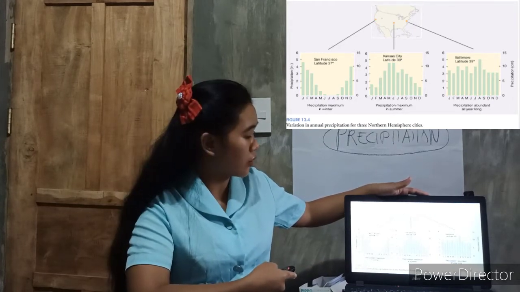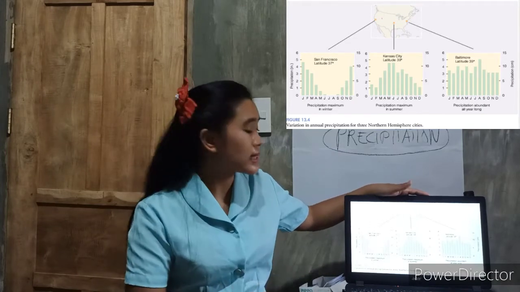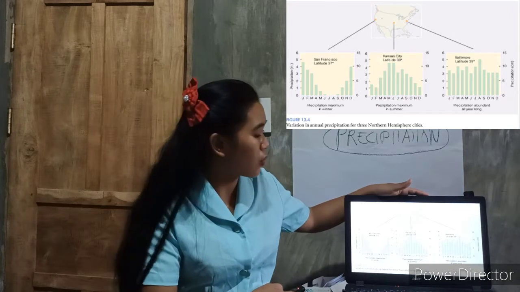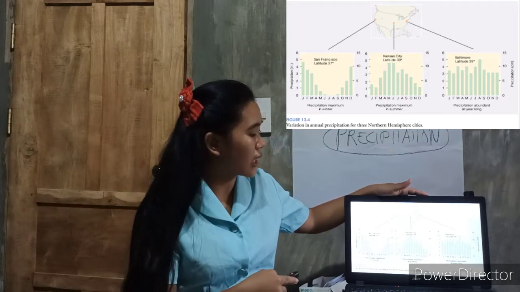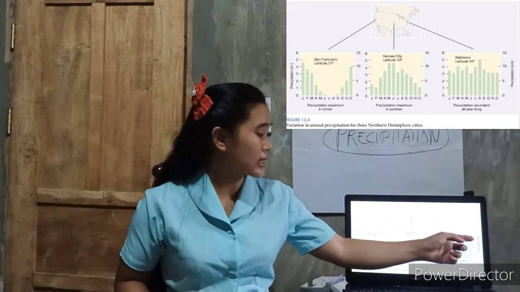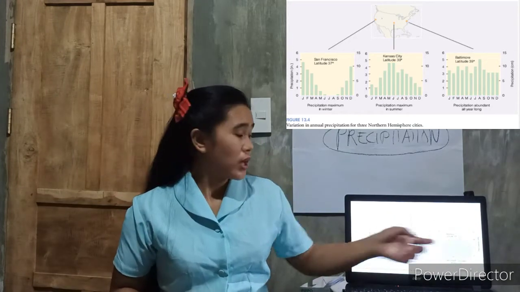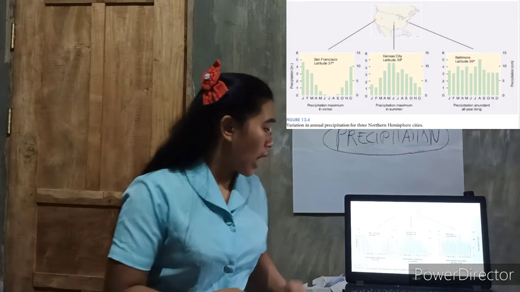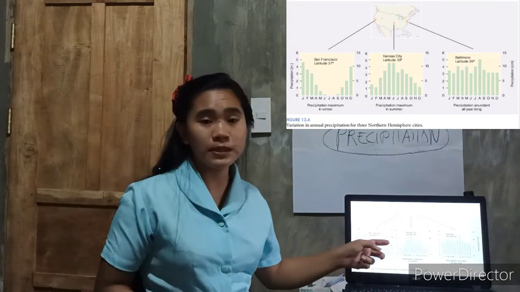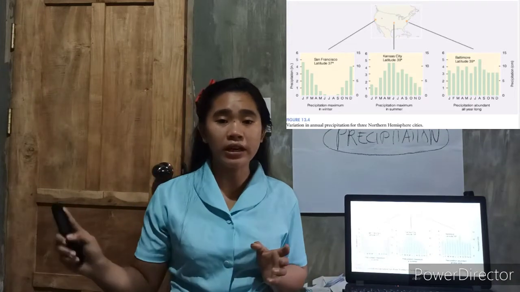Kansas is located in the Central Plain. And Baltimore is a city located in the East Coast. I want you to observe this graph of their precipitation all throughout the year.